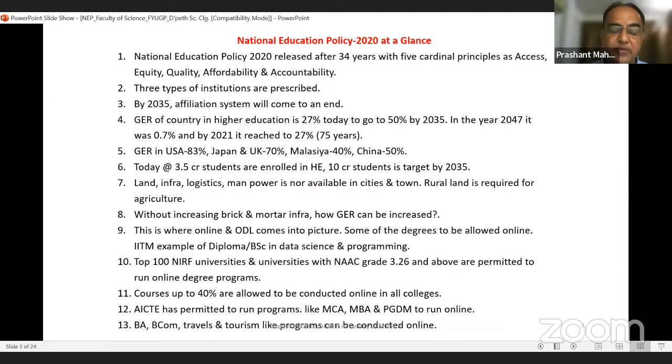students by 2035? The best alternative for this is open distance learning and online education, for which IIT Madras and a couple of colleges have already started the 4-year Bachelor of Science course, BS course, in electronic systems, data science and computer programming. Very soon, the Ministry of Education will come up with a digital university in public-private partnership, and that digital university will be like Indira Gandhi Open University, National Open University, or Yashwantrao Chauhan Maharashtra State University.